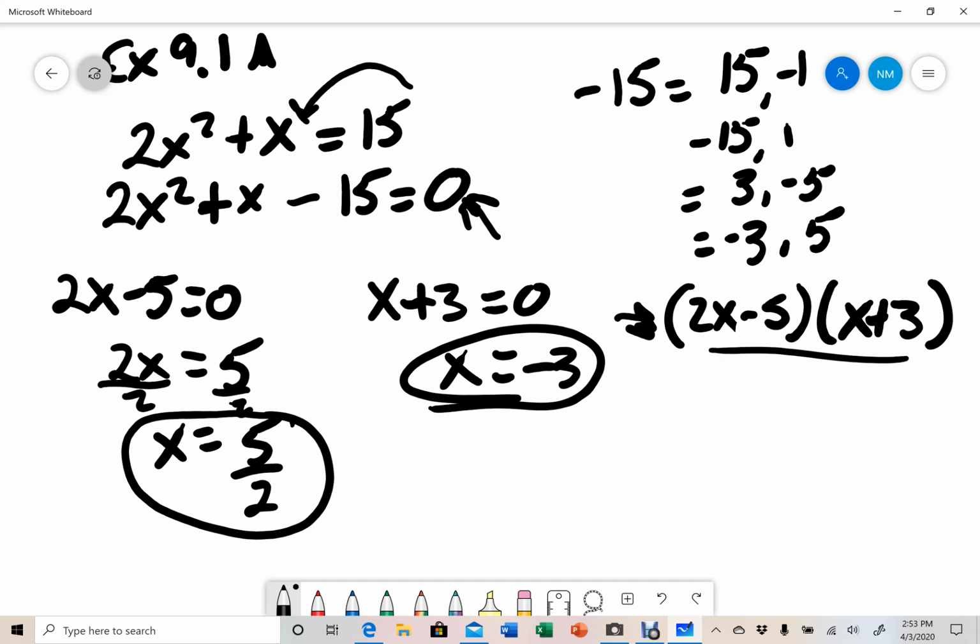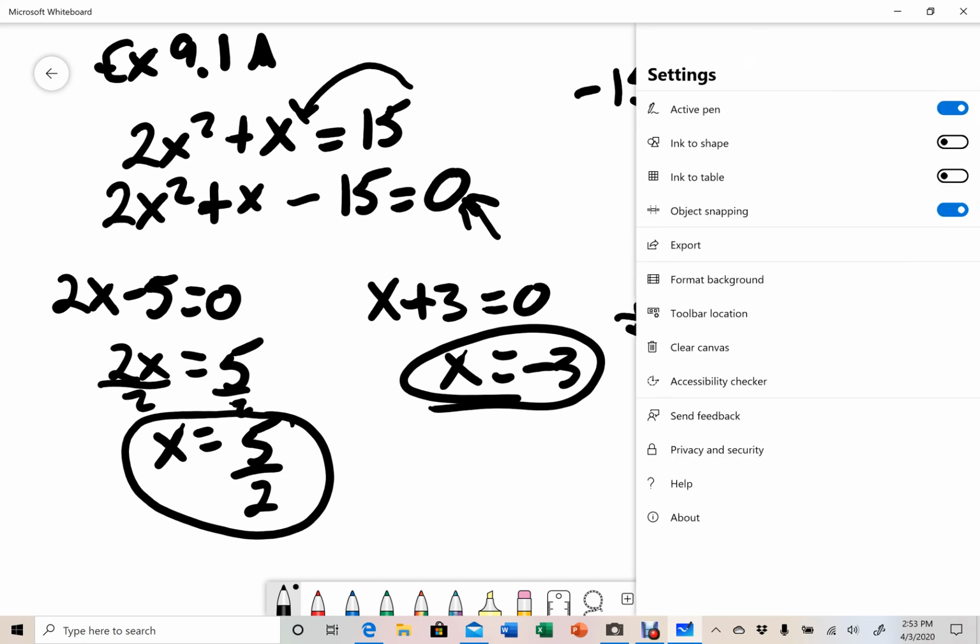All right, now, once we get to this step, what we're going to do is check. So we're going to take both of these and plug them in individually and work them through, with x being 5 over 2 first, and then x being negative 3. So let's try this here.